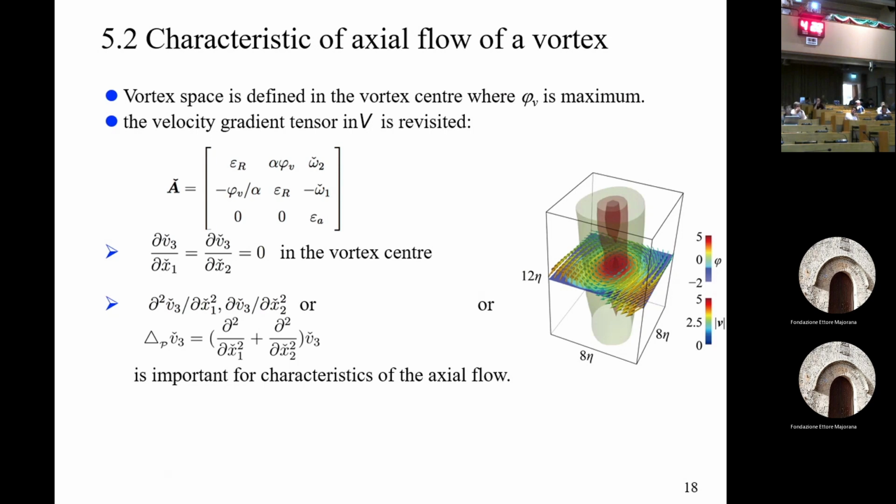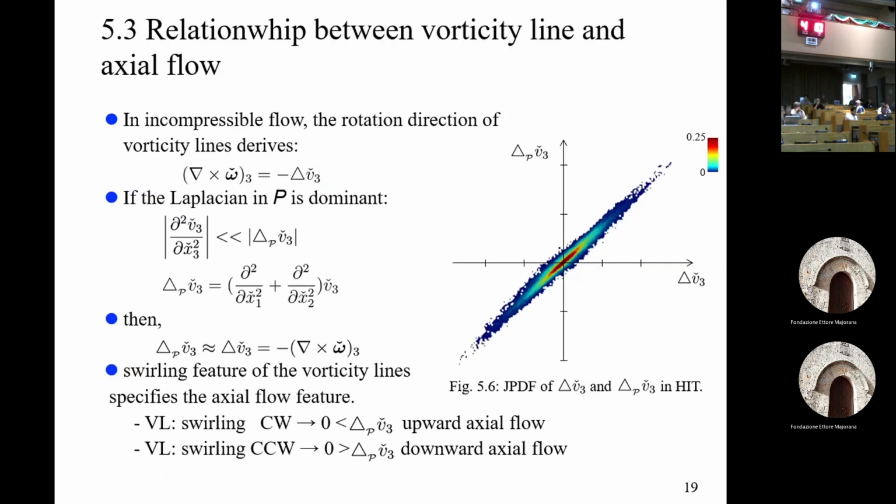So the second derivative of the normal component is what is important to the characteristics of the axial flow. And then in incompressible flow, where the divergence of velocity is 0, we can derive this equation, that the rotating direction of the vorticity line in the swirl plane is equal to minus the Laplacian of the normal component.